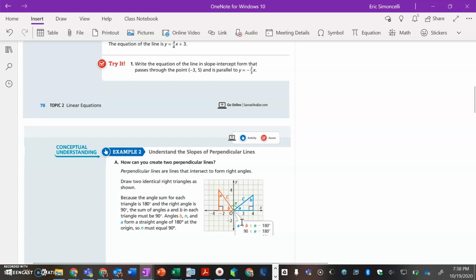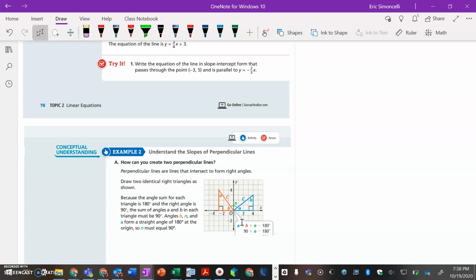There's a little notational typo that didn't convert very nicely, so I'll fix that. Technically this is a plus sign, this also is a plus sign, and this equals 180.